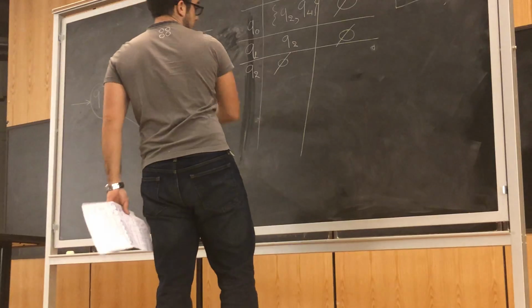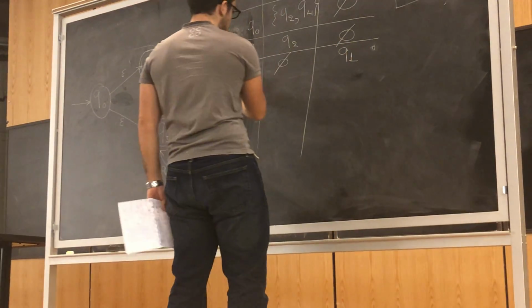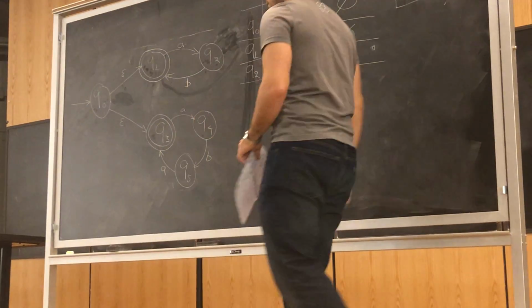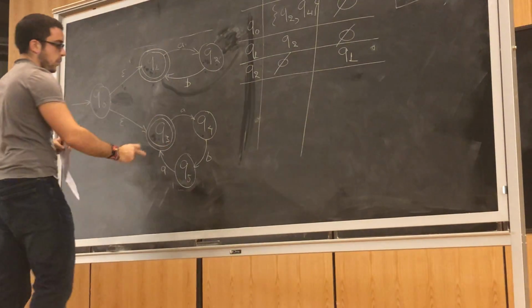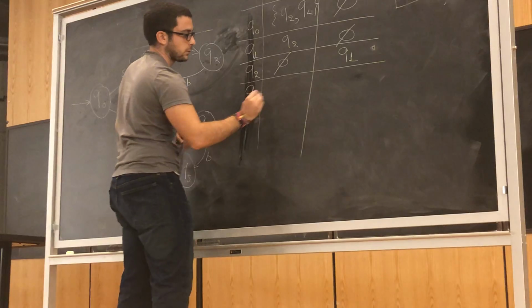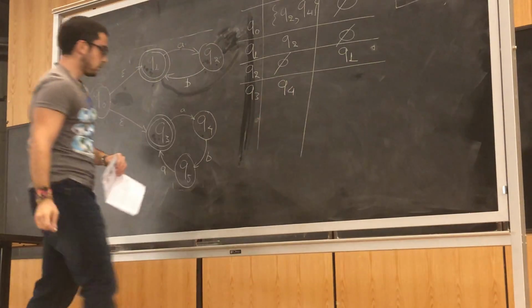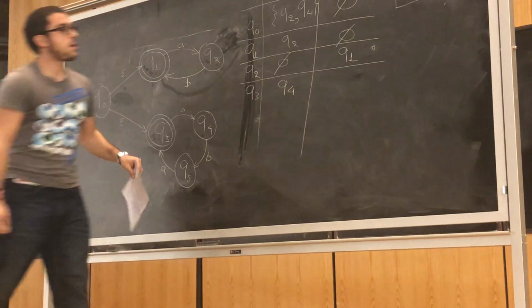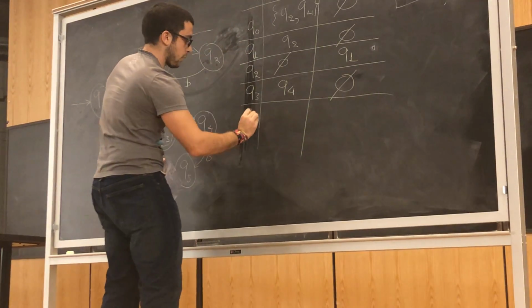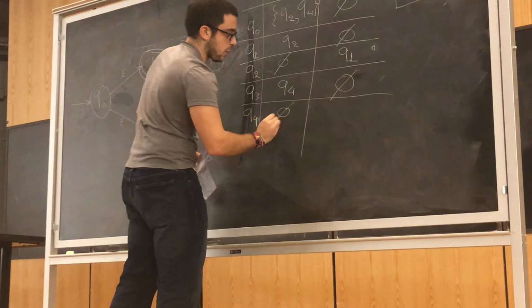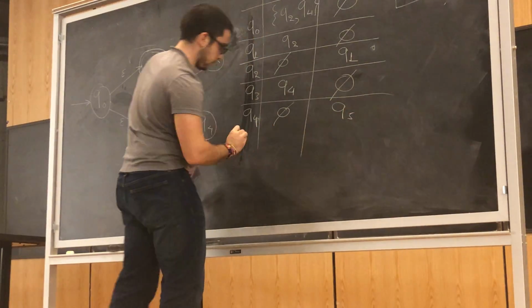From Q2 with a B, I can go back to Q1. Next state, Q3. With an A, I can go to Q4. With a B, nowhere. Q4. With an A, I can go nowhere. With a B, I can go to Q5.